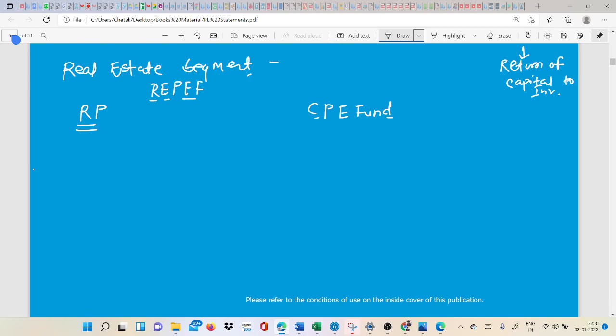Simply, if the fund is funding any commercial project, that investment is categorized as a commercial private equity fund.